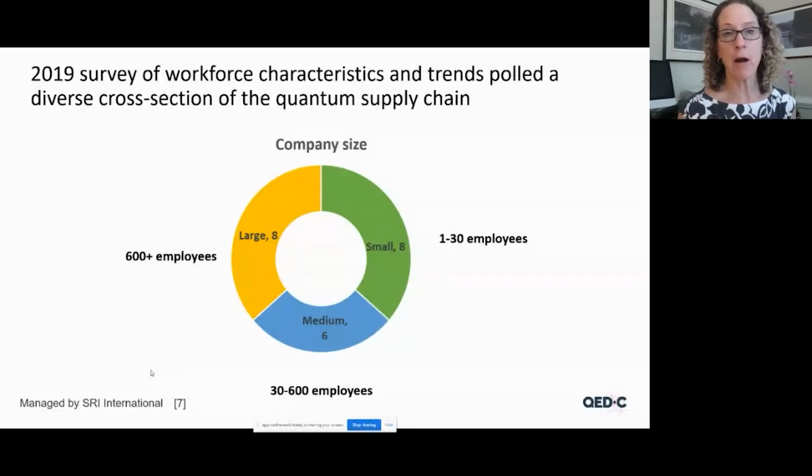So these data are based on a small sampling, in a way, of the industry, but it's a fairly diverse group, and this chart just indicates that we had companies that were large, more than 600 employees, down to very small ones that had less than 30 employees. So it's a good cross-section in terms of the types of companies, the size of companies, also the nature of their business was quite diverse. Now, a big company that has 600 or more employees, you can think of what they might be.